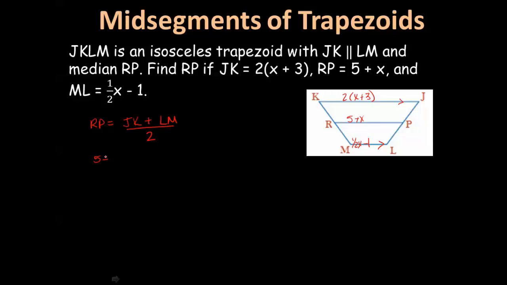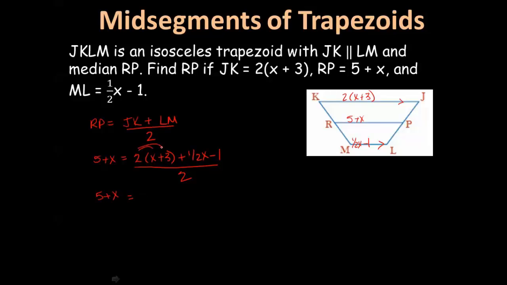RP is 5 plus X. JK is... so you've got to go ahead and simplify everything before you start doing your cross multiplication.